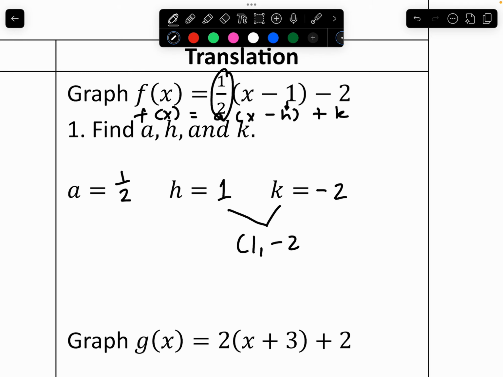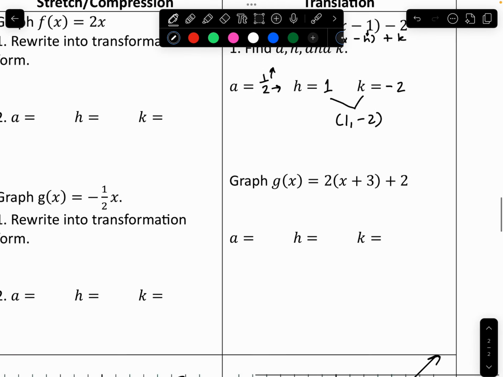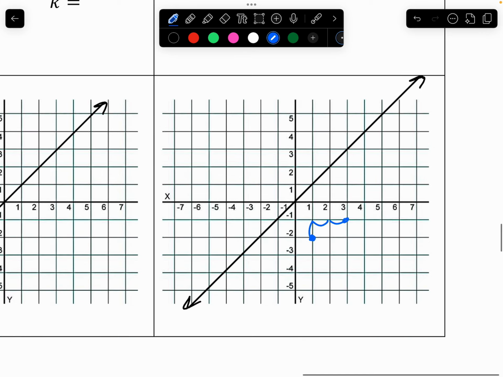Here's my starting point, 1, -2. My slope tells me I'm going to go up 1, 2 to the right. So I start where? 1, -2. Let's see, use blue. 1, -2. I go up 1 to the right 2 times.